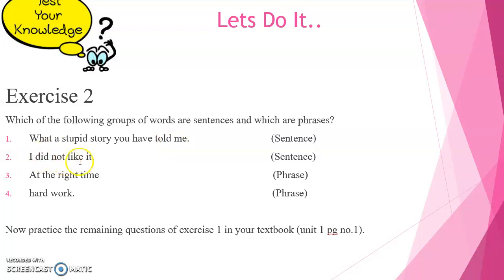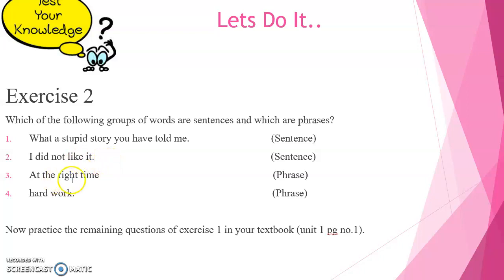I did not like it. Here the capital letter is here and here is a full stop. It means two rules are completed. Now we will search for a verb. Where is the verb? Here is a verb: I did not like. It means it is also completing the rule of a sentence. It means it is a sentence.